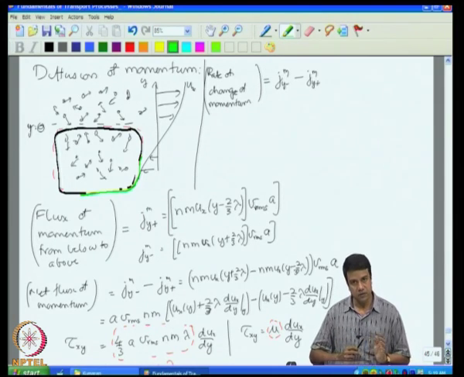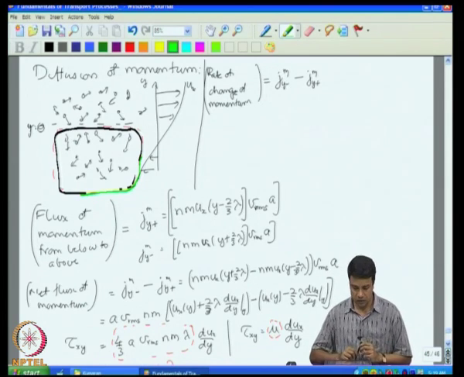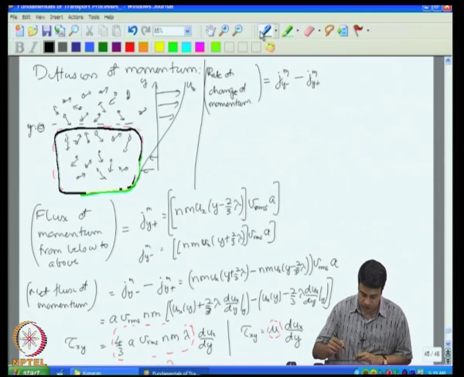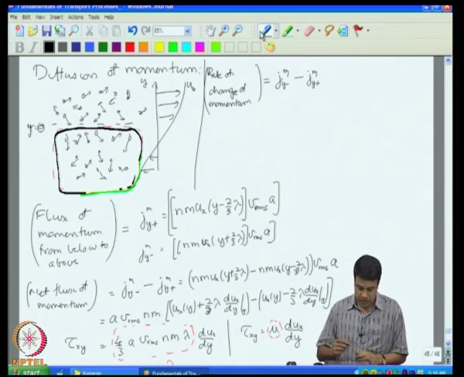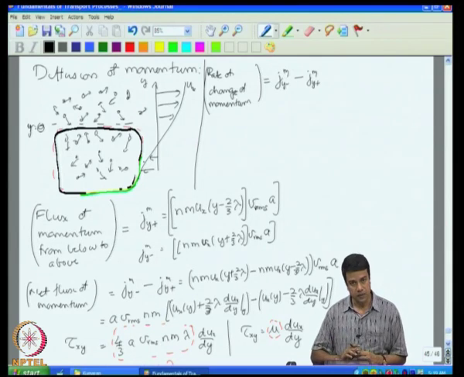Okay. And we had used very similar argument to calculate the fluxes. On average, the molecules that are going upwards, from below to above, they are coming from a distance of the order of a mean free path from below the surface. That means that the number of molecules going upwards is equal to the root mean square velocity times the density times the velocity at a location approximately 2/3 of a mean free path below the surface.